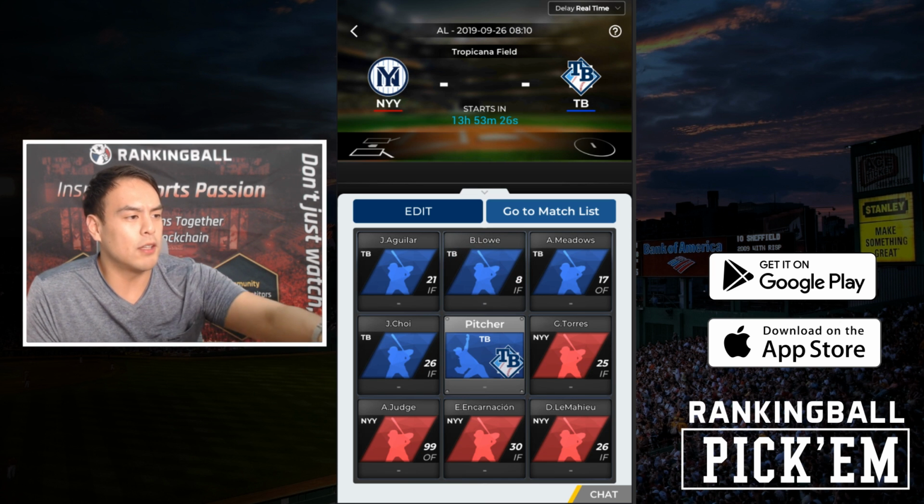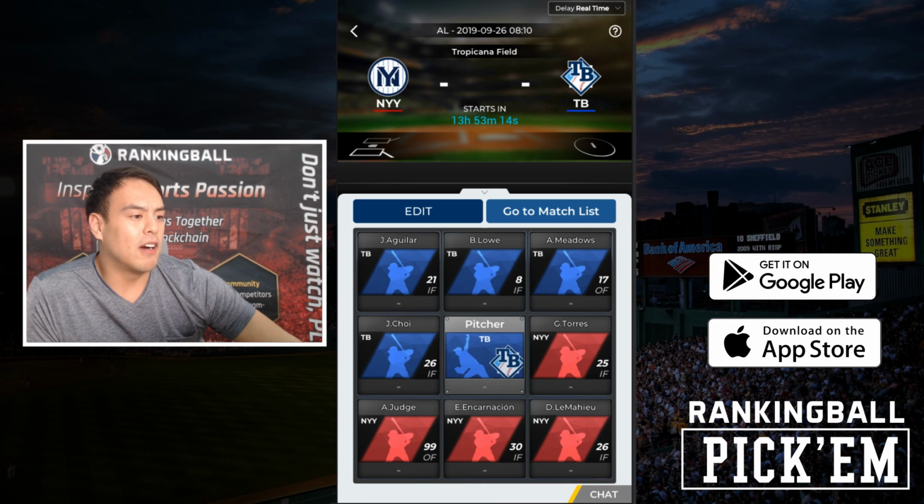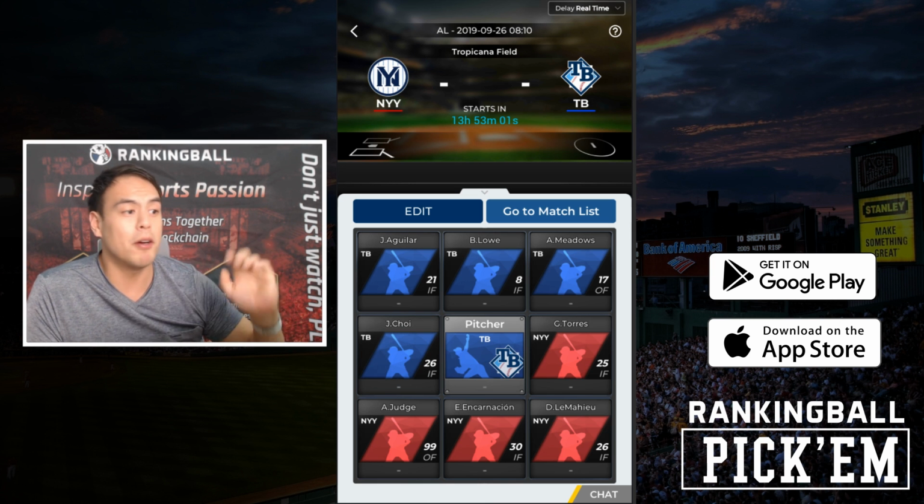If you look at the way the board's set up, I have a lot of New York setting up on the bottom, and then I have New York with Torres, obviously, and Meadows in the top right corner. I do think that Aguilar and LeMahieu will have good games, and that's where I'm going to get the diagonal. Meadows and Judge, I think they'll both have, if not good games, at least reasonable games where they get on base, a couple singles, doubles, maybe a home run.